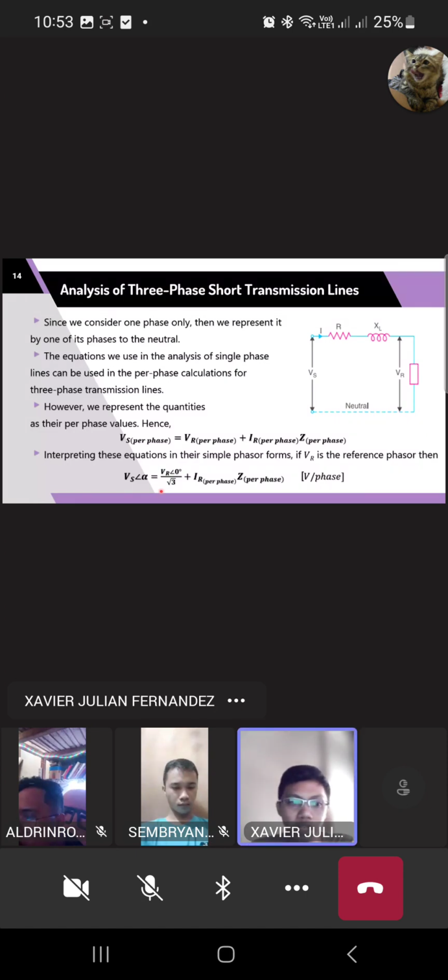So let's say you have 10,500 kilovolts for your sending end voltage, which is line to line. But what comes out of your equation after calculation is per phase. So let's say 5,000 volts per phase. Please take note of the operations you're using; the result is a per phase value.